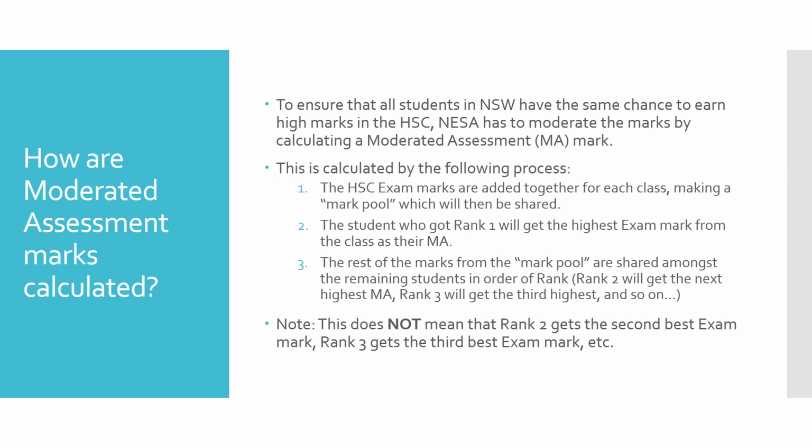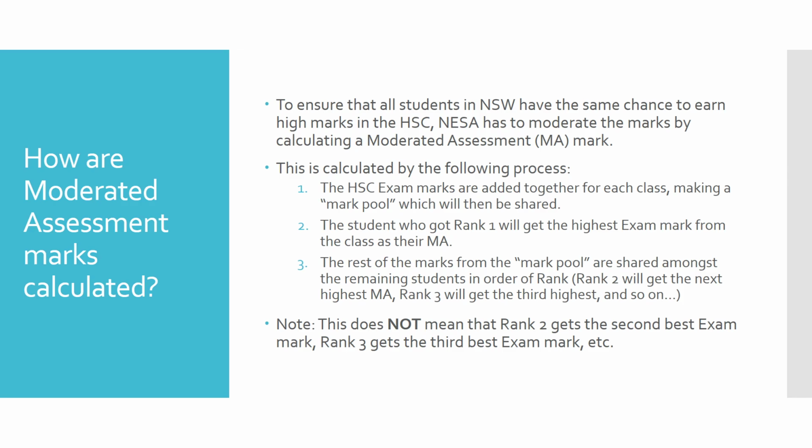Whoever got rank 1 in the school assessment mark, going back to that, will get the highest exam mark in that group for their moderated assessment mark. Whether they were the person that got it or not, it doesn't matter. As long as they were rank 1, that highest exam mark will be their moderated assessment mark. That sets the cap, nobody can go above it, and then the rest of the marks in that mark pool are shared based on the order of your rank.